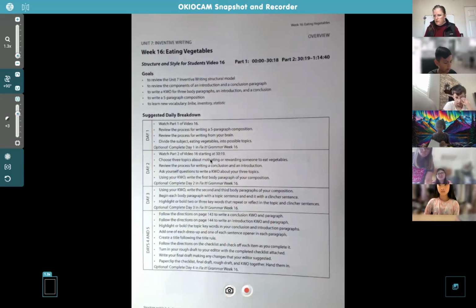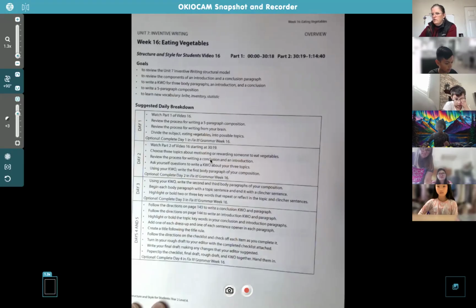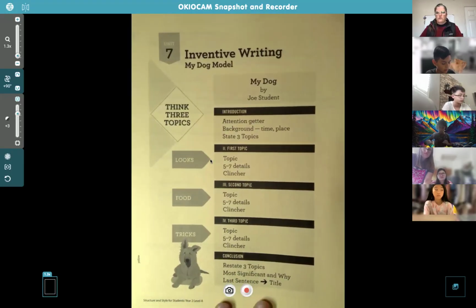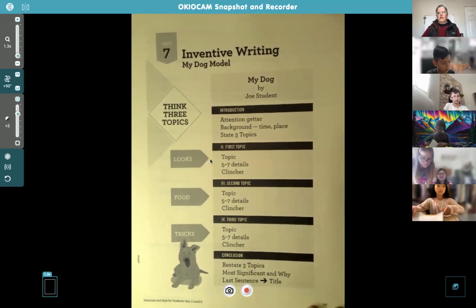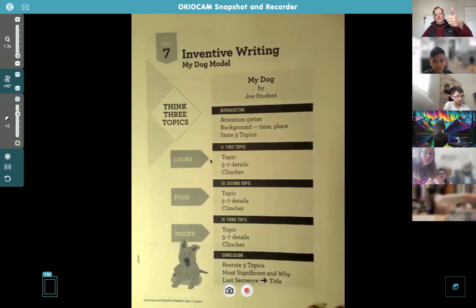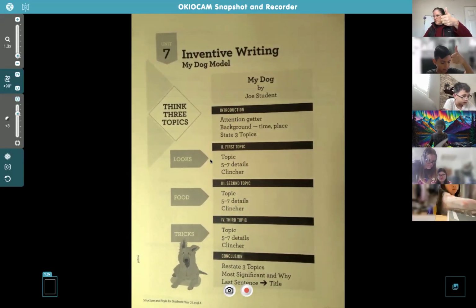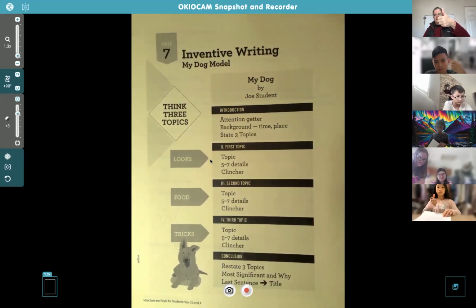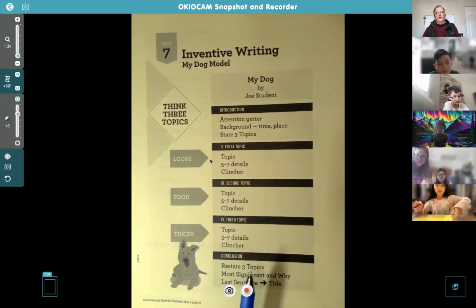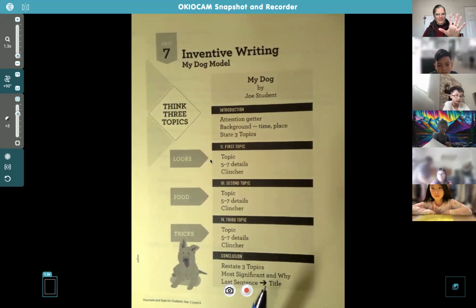Get those out. So let's jump over to the yellow page first that you got out. This is page 141. Give me a thumbs up if you guys have week 16 out. Good. I see that. So we're going to start here on the yellow page, and this is showing us a model of a 5-paragraph essay.